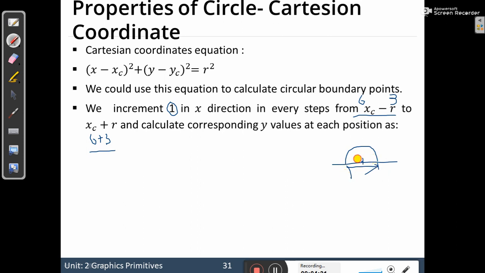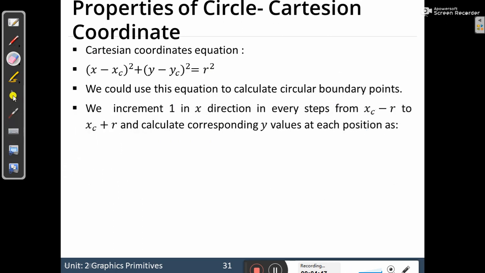This is the xc, this is r minus in that way, and this is r plus in that way. So this is the point in this step.